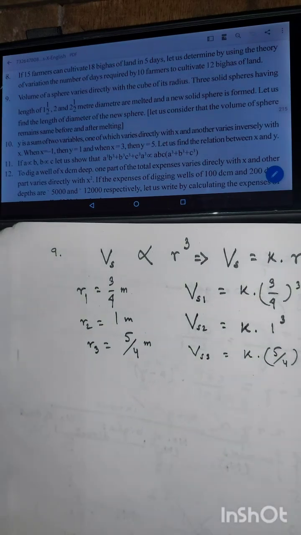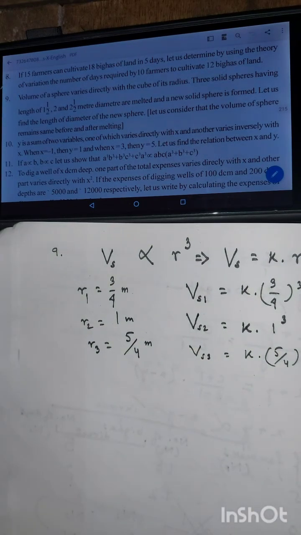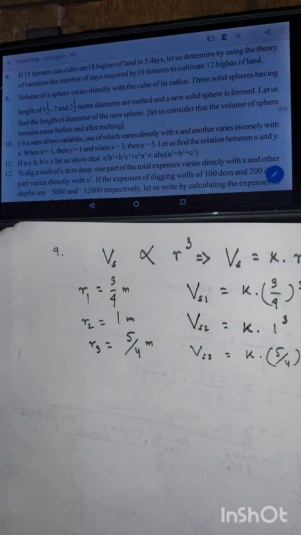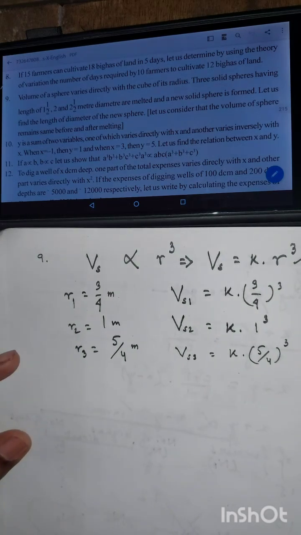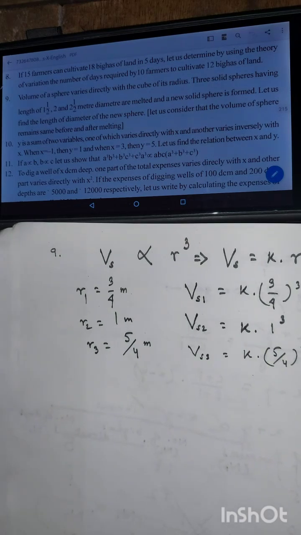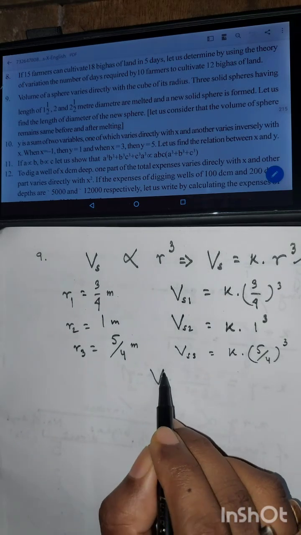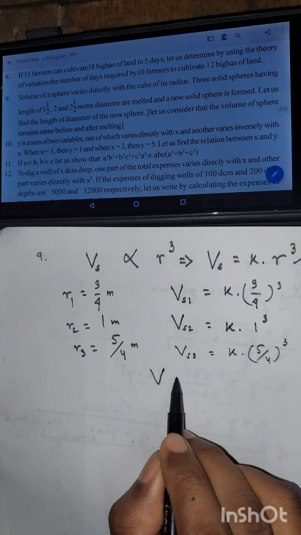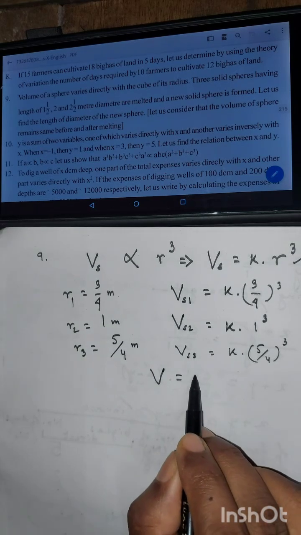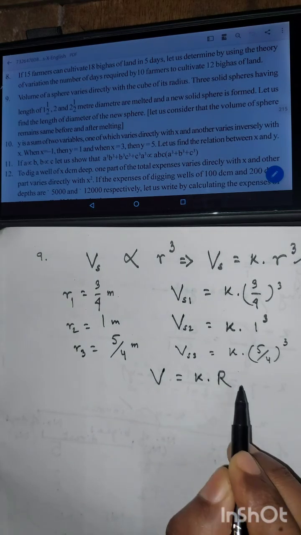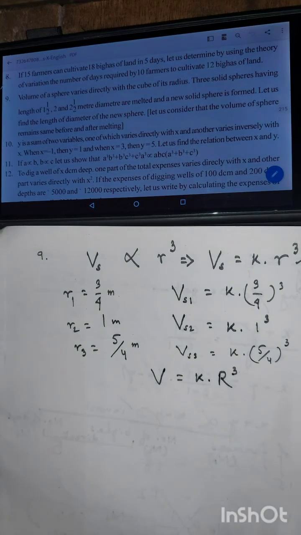Let us assume when we melt these three spheres and cast into one big sphere, the volume of that big sphere is V, that is equal to k into its radius cube.